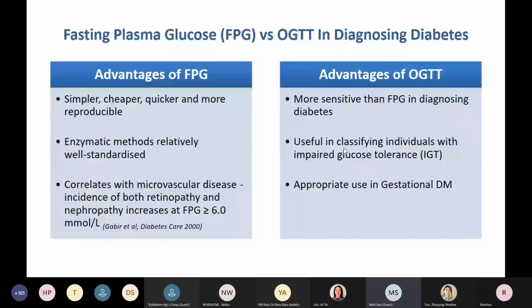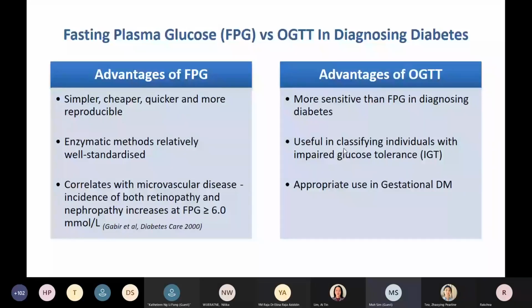I think we all recognize that glucose methods have been standardized and are very accurate over the years. In addition, fasting plasma glucose levels correlate with microvascular disease. It has been demonstrated that the incidence of both diabetic retinopathy and nephropathy increases when the fasting plasma glucose levels are above 6.0 millimoles per liter.